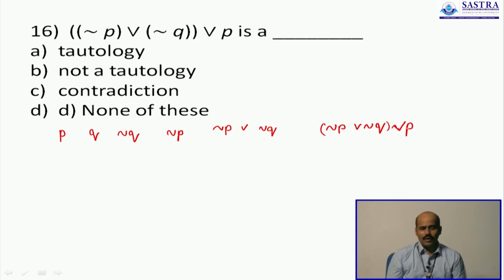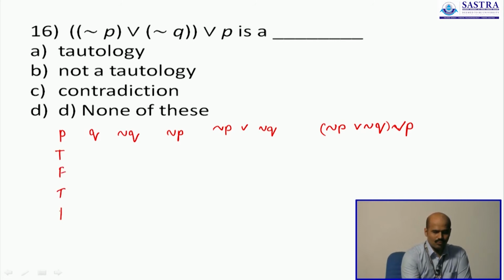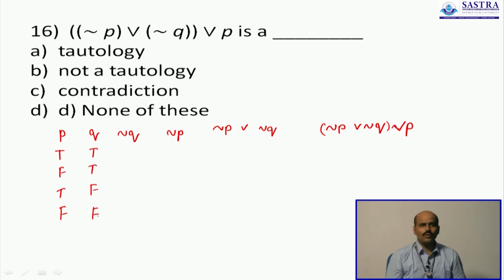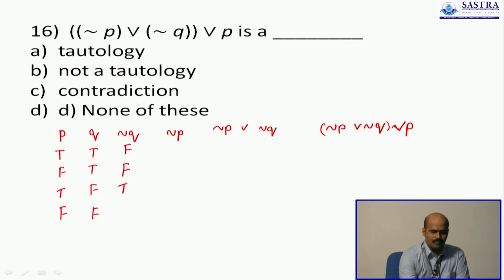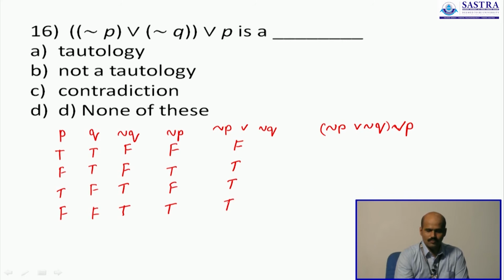You cannot, or you can simplify the given statement, but let's try this. True, false, true, false, true, true, false, false. These are the 4 input sequences you have. Let's flip Q, let's flip P, and then let's do their disjunction. The disjunction is false only in the first row, all other rows are true.